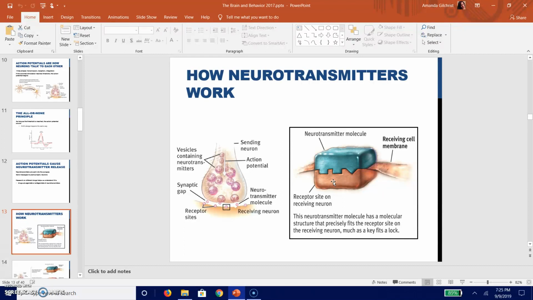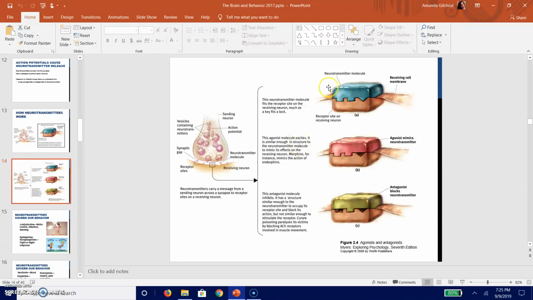Drugs work by basically hijacking how this receptor site works. So in this particular case, here's our neurotransmitter. On the other hand, if you look right here, this is what is referred to as an agonist. An agonist is designed to mimic or enhance the effect of a neurotransmitter.